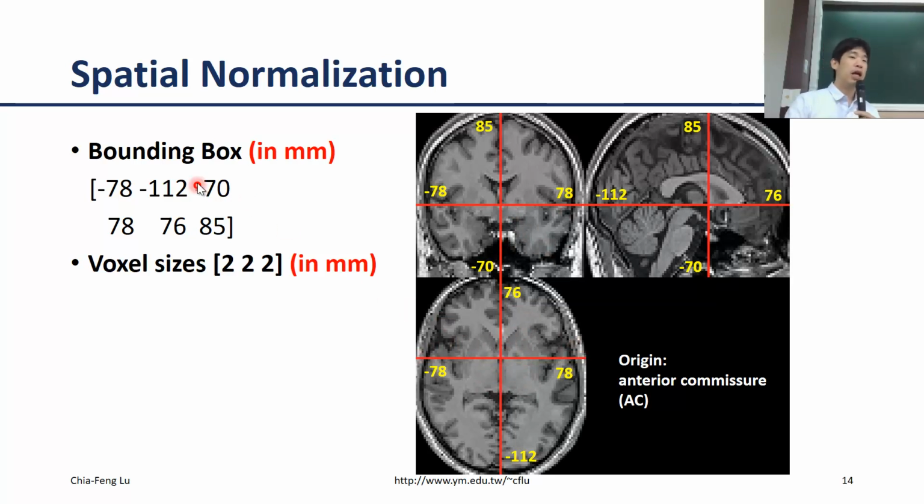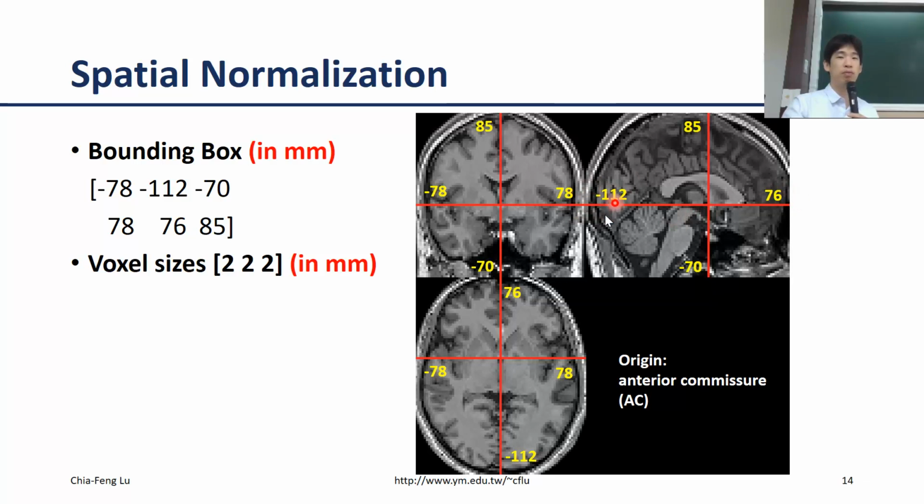And for the second column, this is the y-axis, which means the anterior and posterior direction. You can see the range here is from minus 112 to positive 76 millimeters. So you can see this is the origin point, and we can now see the range of the anterior and posterior regions.